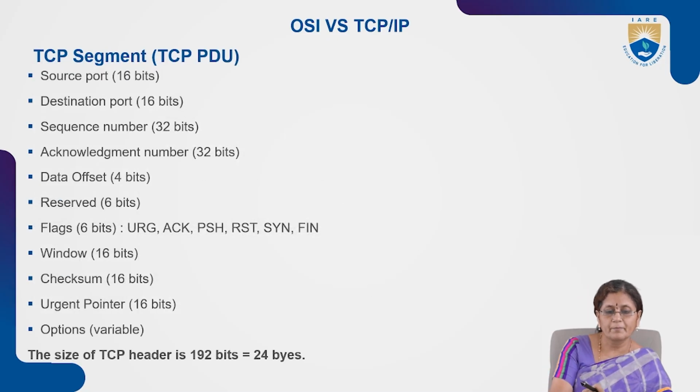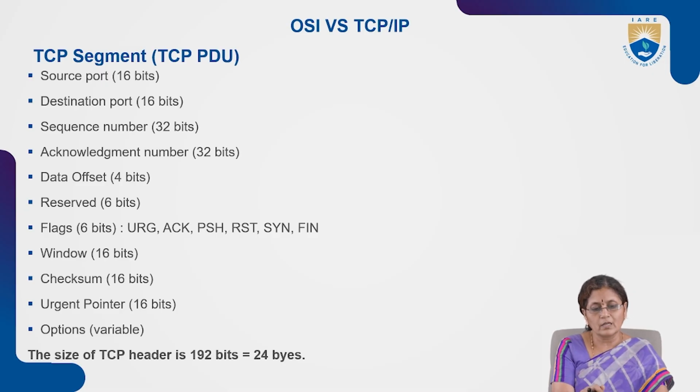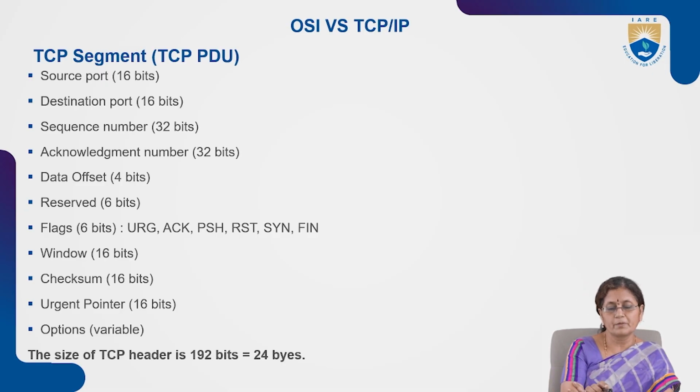A TCP segment is nothing but the TCP PDU, the protocol data unit. The data unit consists of these details, as you see here. It has the source port, which is 16 bits, and the destination port address, 16 bits.